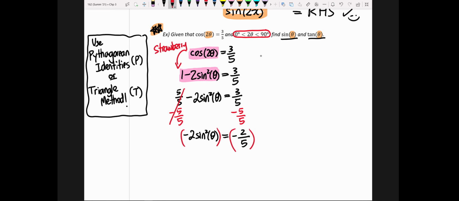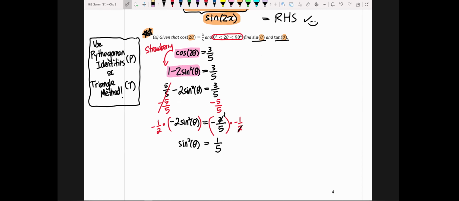To isolate sine squared, let's multiply both sides by negative 1/2. Sine squared theta is now equal to, let's see, 2 divided by 2 is 1. Negative times negative is positive, so this is 1/5.